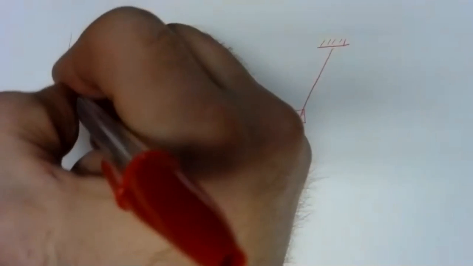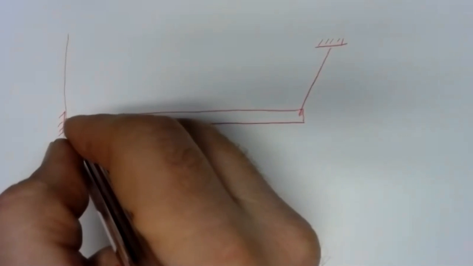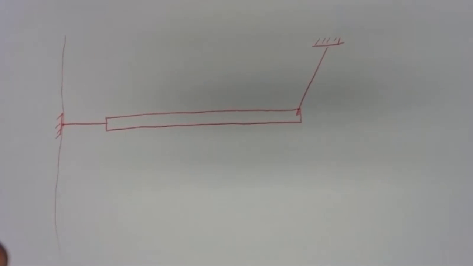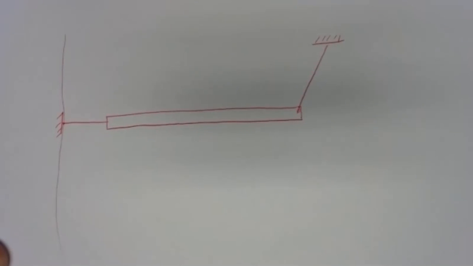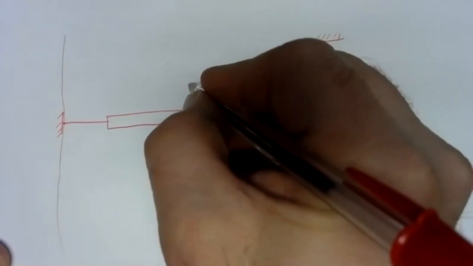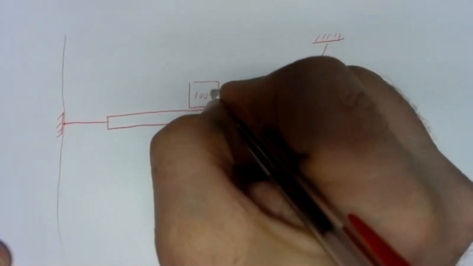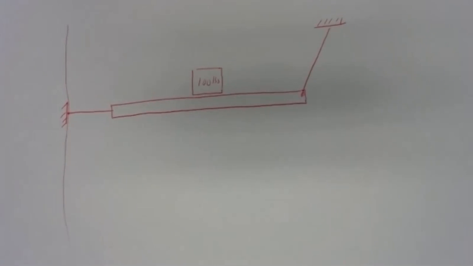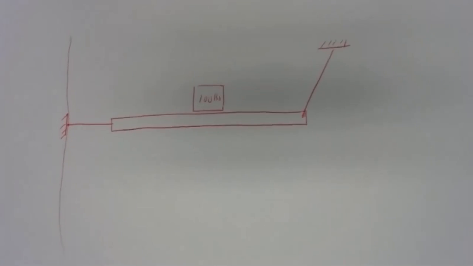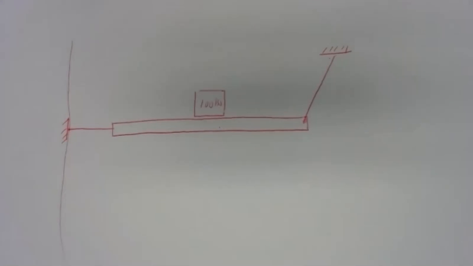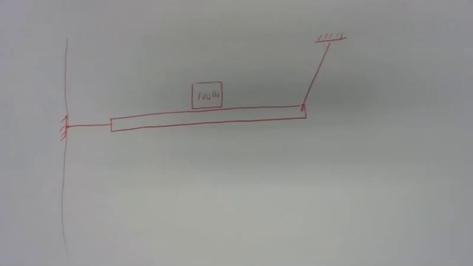So this could be some sort of wall that's got a fitting installed on it that I could tie that rope to. Maybe we have a 100-pound box sitting on top of that. So we've got this system: this beam, this box, and these ropes. We've got the ceiling, and we've got the wall, and all that structure there.